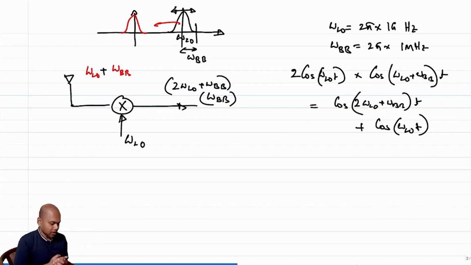Note that the output node now has a high frequency component and a low frequency component, out of which the high frequency component is undesirable and the low frequency component is desirable, because I'm anyway getting the signal information in the low frequency component. I do not want to handle the high frequency component, so I need to discard it. So what should I do to discard the high frequency component and keep the low frequency one? Basically we need to use a low pass filter, right? So let's use a low pass filter.